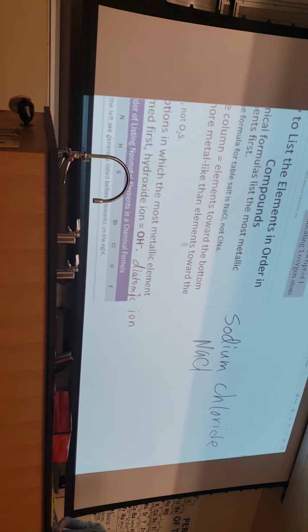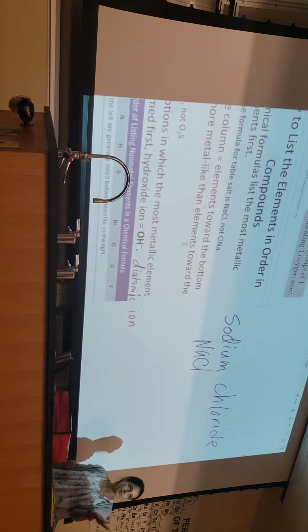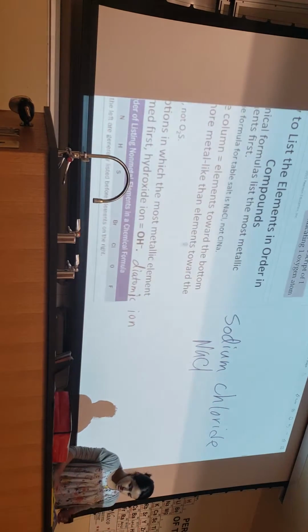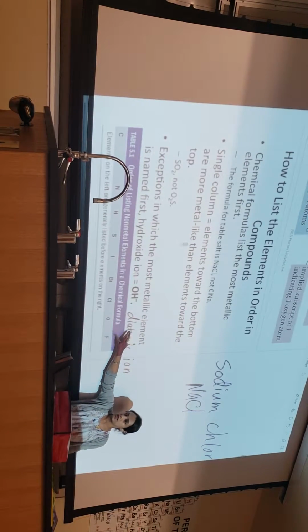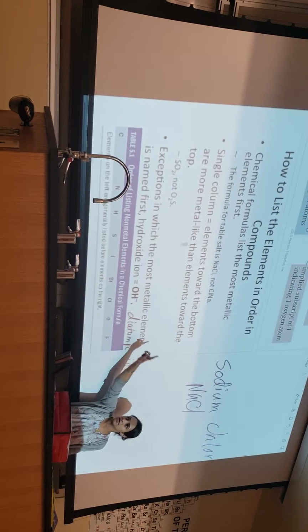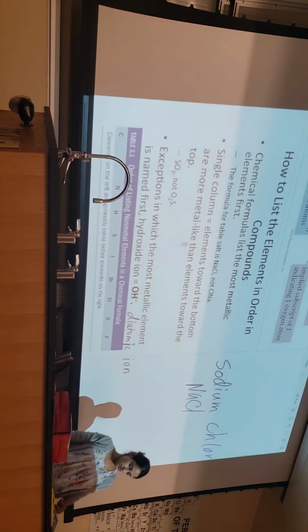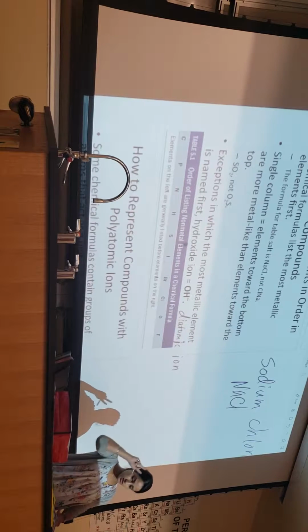You're not going to put Cl first. That's not the order the name is written. So there's no point in trying to memorize it. The way it's written will help you determine the order. Carbon dioxide. Again, the only exception is the hydroxide ion. It's not oxygen first, it's hydrogen first. But the formula is flipped.